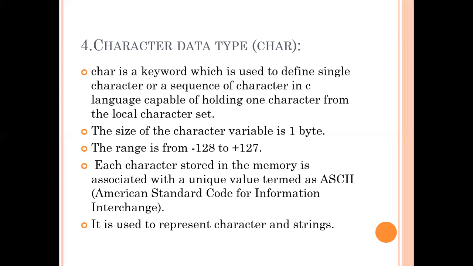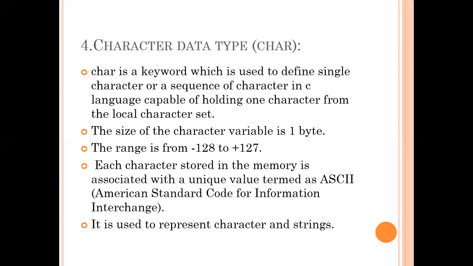Char is a keyword which is used to define a single character or a sequence of characters in C language, capable of holding one character from the local character set. The size of the character variable is 1 byte. I mean 2 to the power of 8, it is from 0 to 255.